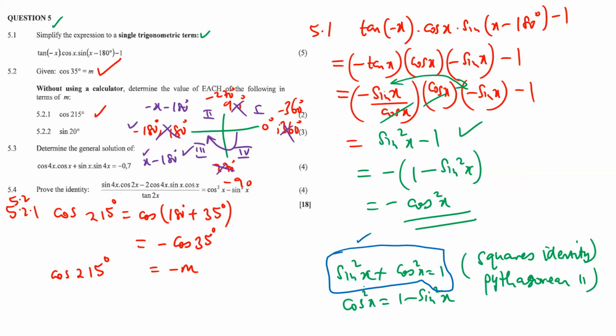Sine squared x plus cosine squared x is 1. If we make cosine squared the subject, we move the sine squared to the other side, so cosine squared is equal to 1 minus sine squared. Do you agree?